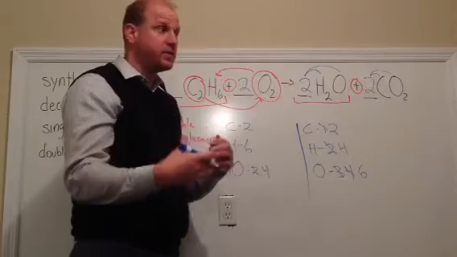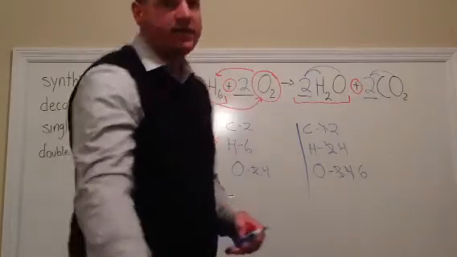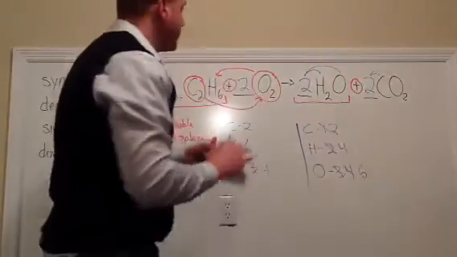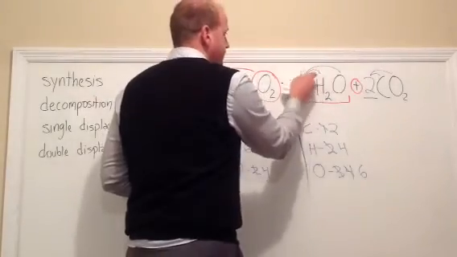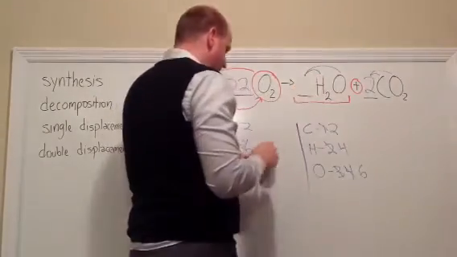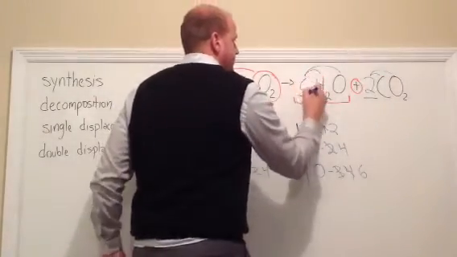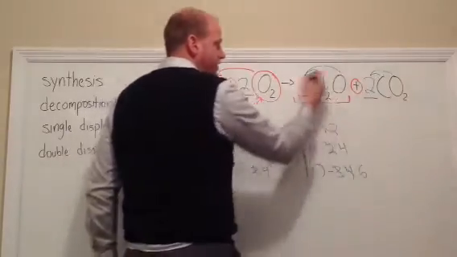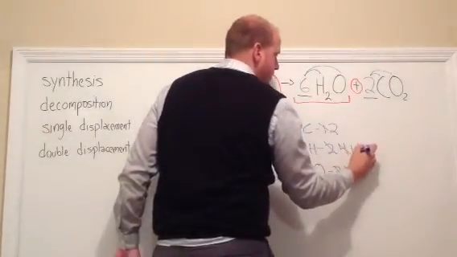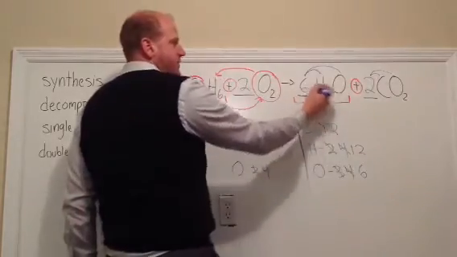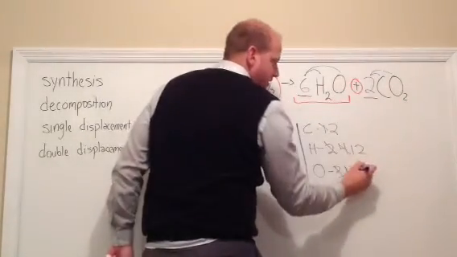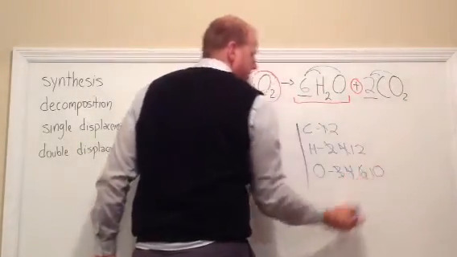So I keep the numbers even. Instead of writing a 3 right there, I'm going to write a 6 right there. And that's going to change the number of hydrogen I have to 12. And for the oxygen, I'm going to have 6 right here plus 4 right there, which gives me a total of 10 oxygen.